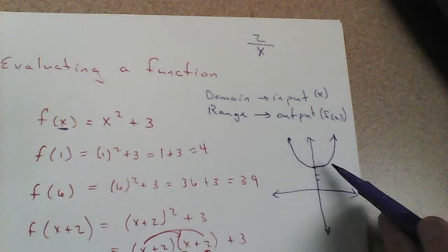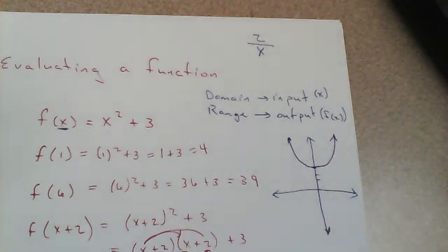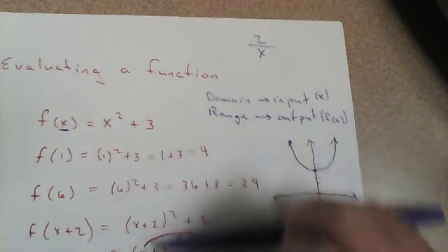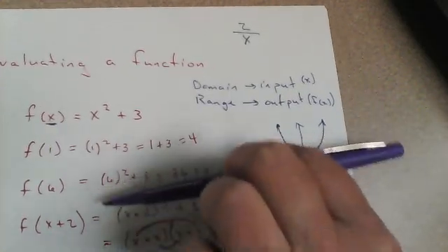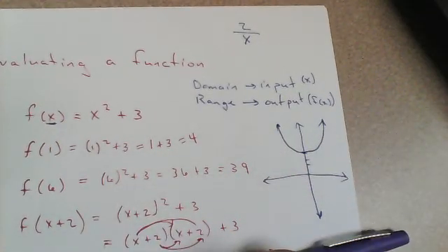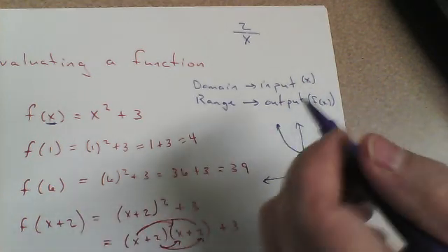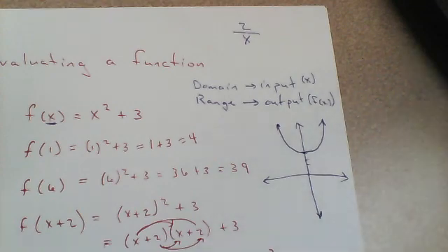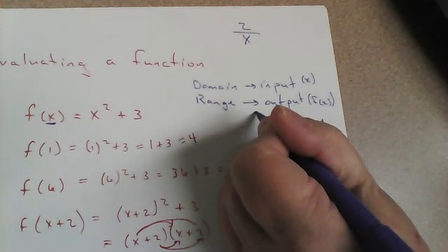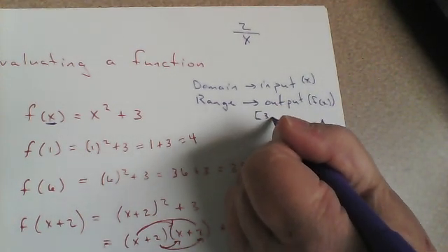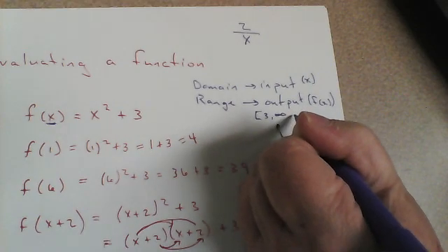Anything below 3. Exactly. So anything less than 3, our range can't be, right? Because our graph never goes below 3 for y, right? So our range in this case would be 3 to infinity. It would include it, right? So we'd have the bracket, and it would go all the way to +infinity.